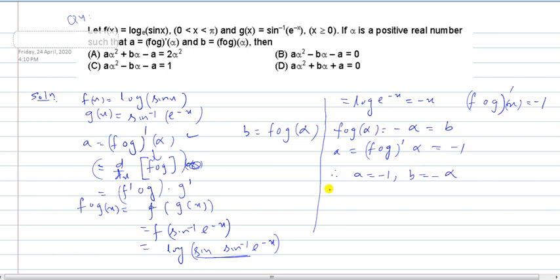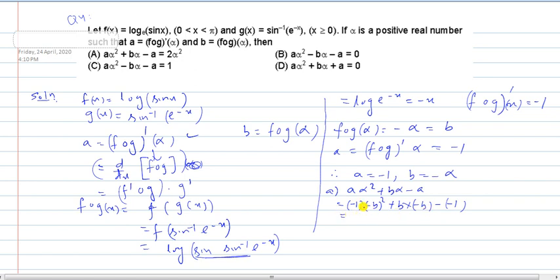Now let me examine the options, which one will be the correct one. For that, number 1, I will be testing a alpha square plus b alpha minus a. In place of a I will put minus 1, and alpha square is nothing but minus b whole square, plus b into this is minus b, and minus a will be plus 1.